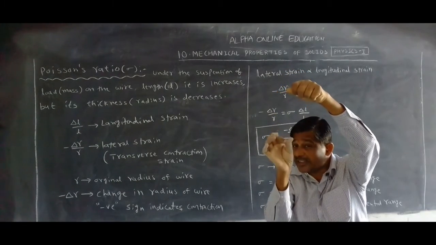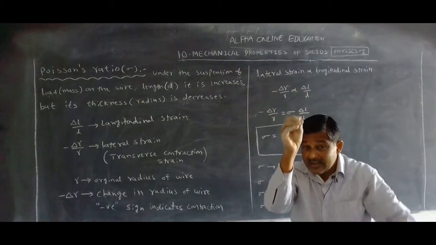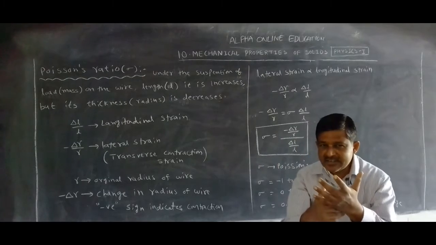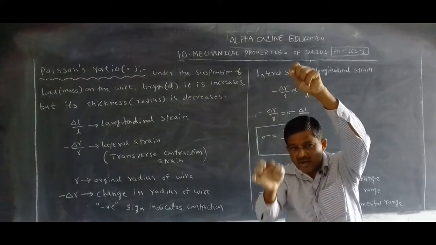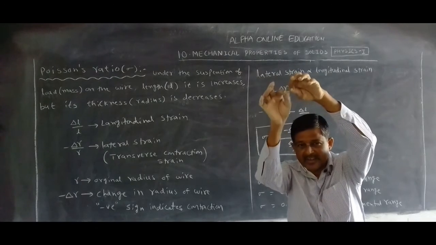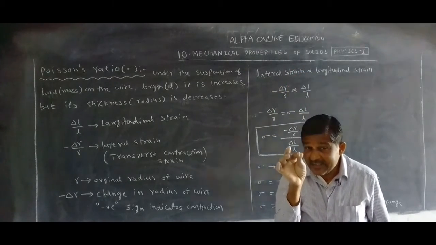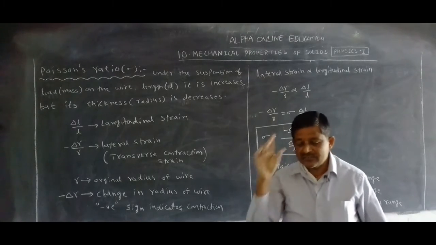But what about thickness, or radius? What happened? It decreases. Scientist Poisson established a relation between the elongation, or increase of length of the wire, as well as the decrease of thickness, or decrease of radius of the wire.